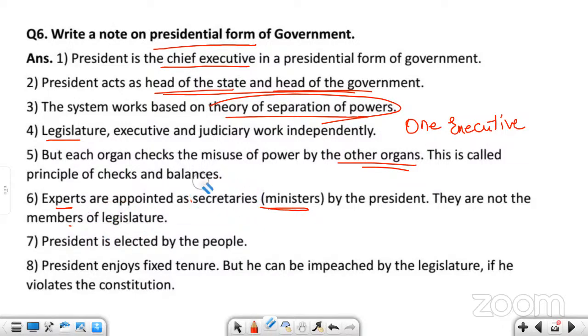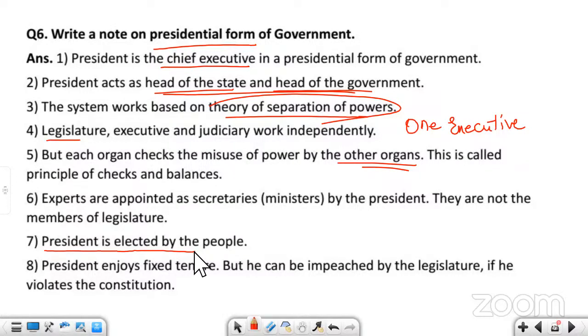Whereas in the parliamentary system, what happens? The prime minister will select the ministers and the president will appoint them. Then another point is, the president is elected by the people. In the presidential form of government, the president is directly elected by the people.